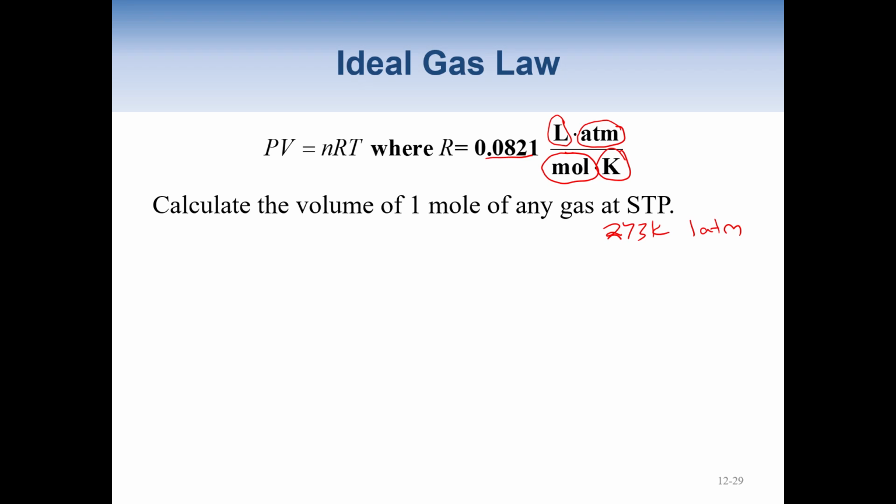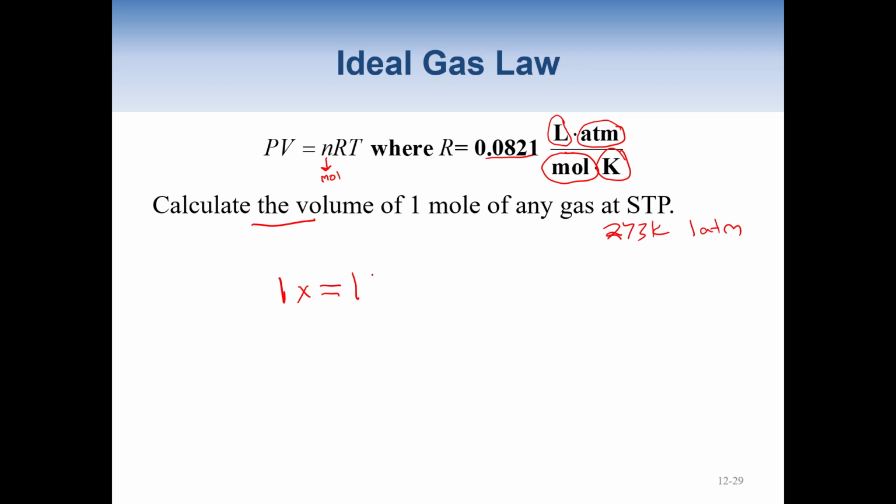So pressure, 1 atm. Volume, it's wanting us to calculate the volume, so we don't know the volume. We're going to put X. Equals the number of moles, and that's 1 because it's 1 mole.